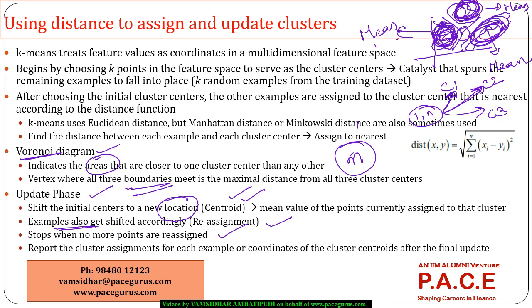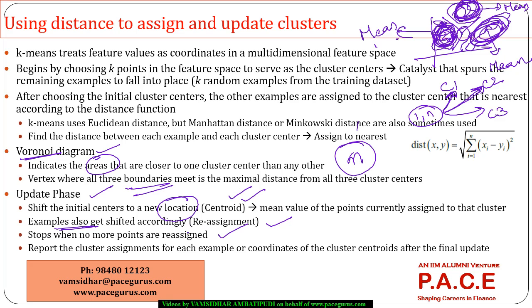So the whole process is iterated. After the values move from one cluster to another, the cluster mean, the centroid, is computed again. With the newly formed centroids, the distances are measured again. So this process of recomputing the centroid and reassigning the elements to different clusters happens in an iterative fashion.